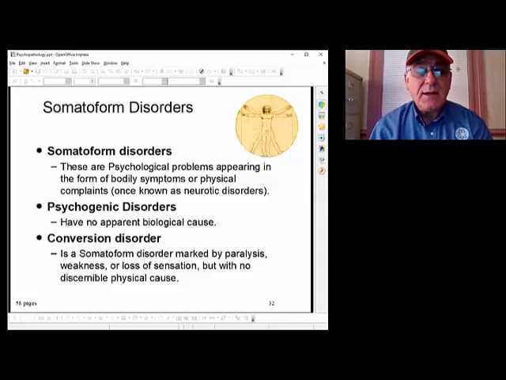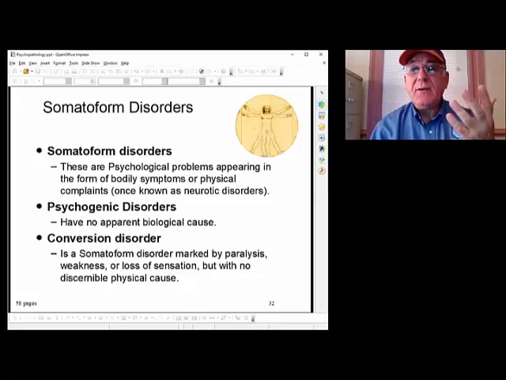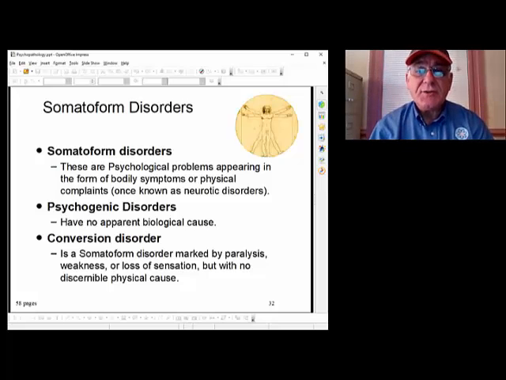The psychogenic disorder is a disorder of the mind. There's no reason why my hand hurts. No physical reason for it. So why is it hurting? It's psychological. Conversion disorder is a somatoform disorder marked by paralysis, weakness, or loss of sensation with no discernible physical cause.